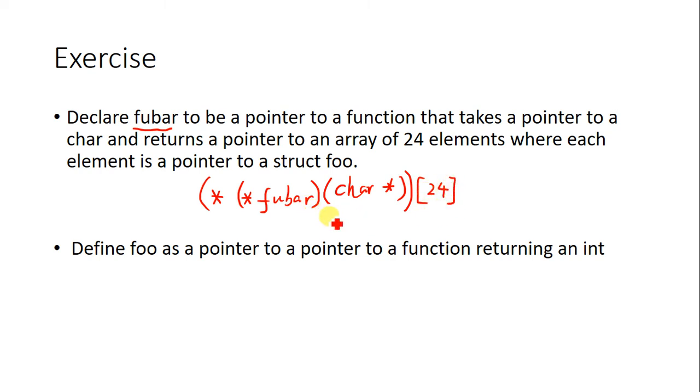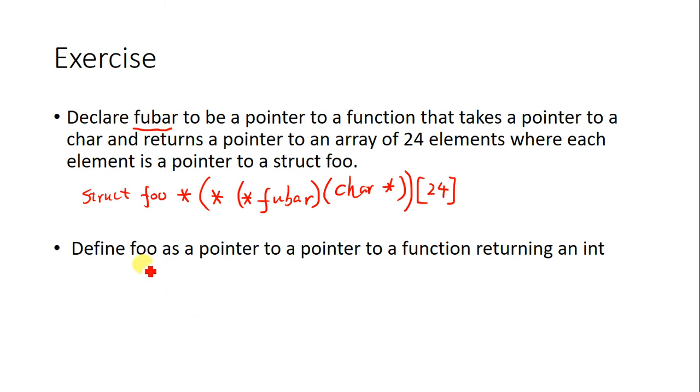So you are bouncing left and right, pointing to an array of 24 elements, and then you are running out of symbols, you go to the left. What's the type of this array? The type of the array is a pointer. If it is, again, fairly complicated, then you have to parenthesize again. But in here, the pointer is to a struct foo. So it is a pretty simple type. It is just a struct foo pointer. And that's about it.